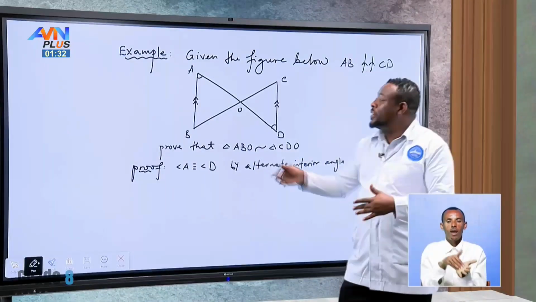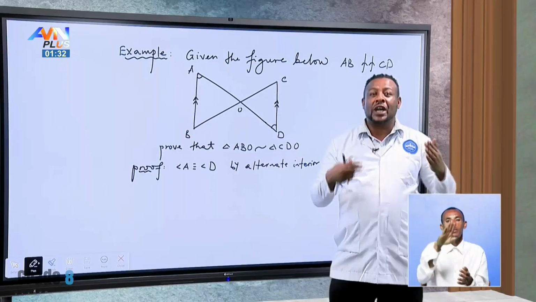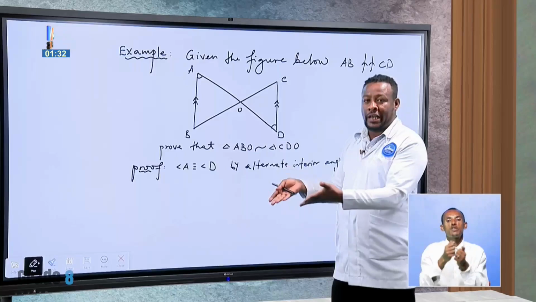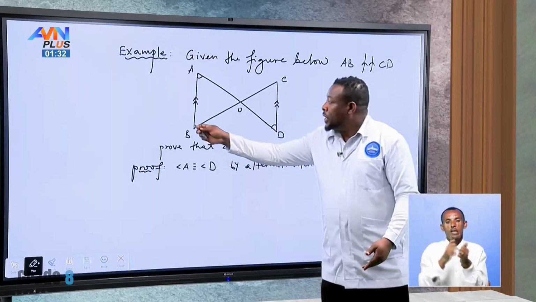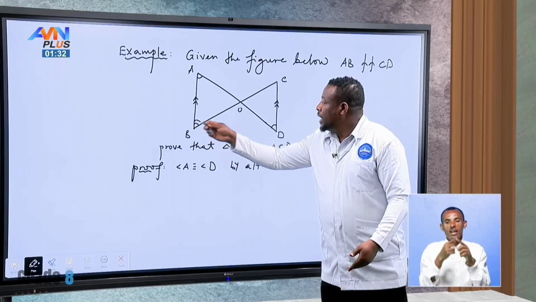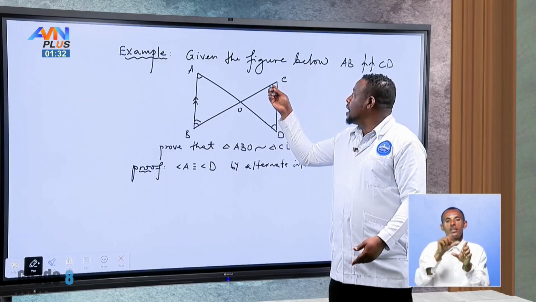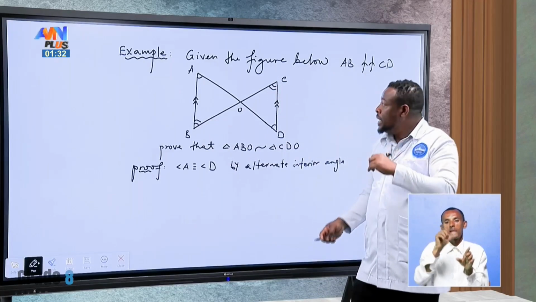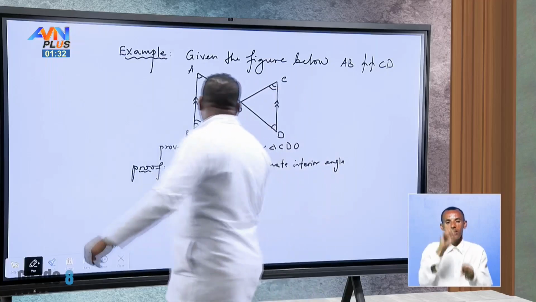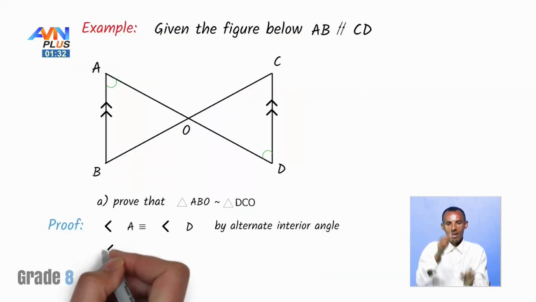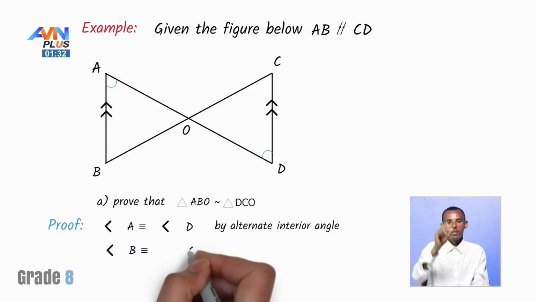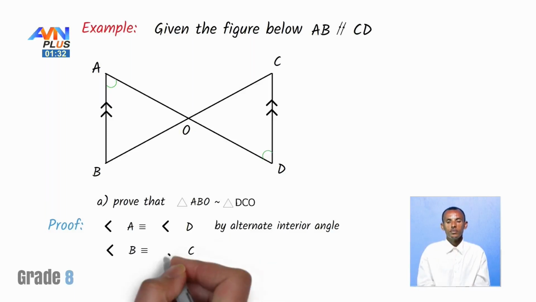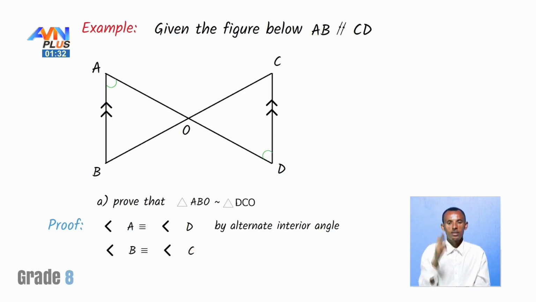Again, consider BC as a transversal for the two parallel lines. If BC is a transversal line, clearly this angle and this angle are congruent, right? So angle B is congruent to angle C, right? By the same reasoning, by alternate interior angles.